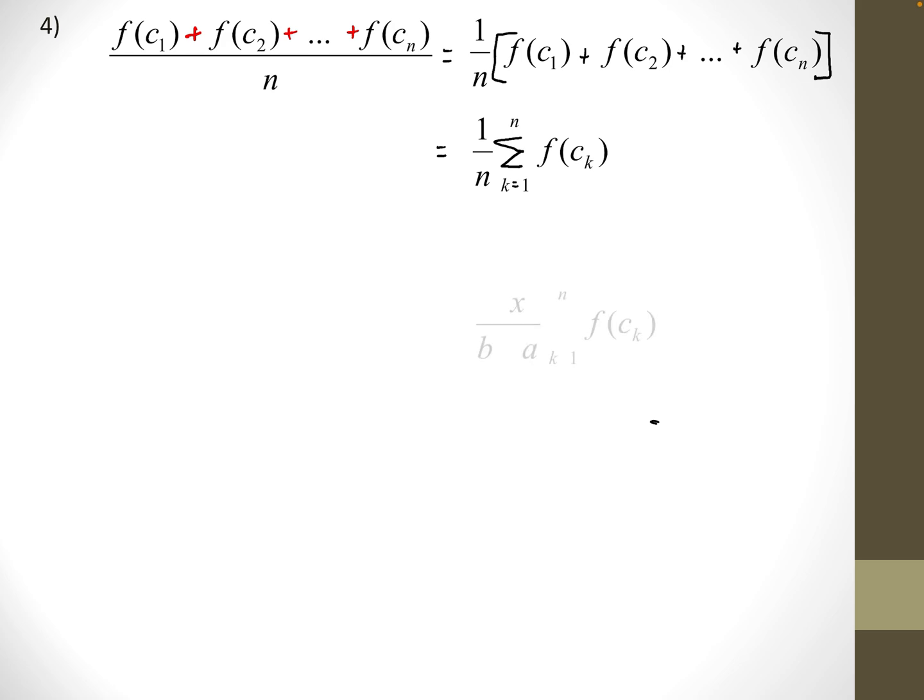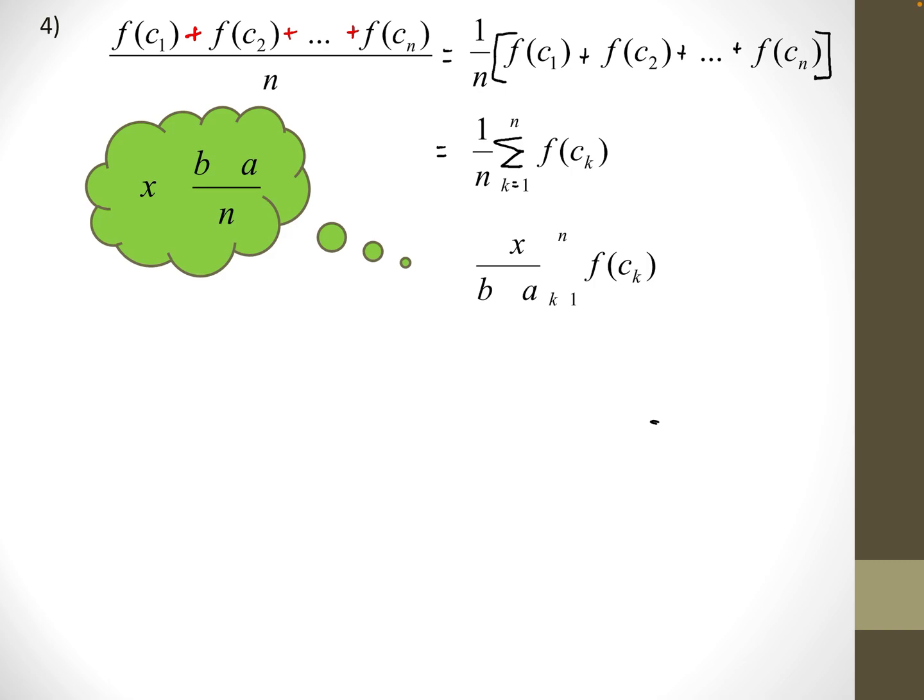And really, we can go one more step and say, okay, so if we know that delta x is b minus a over n, we can sub in for 1 over n, and it becomes delta x over b minus a. We're just rearranging: move this b minus a over here, and we get b minus a. So then delta x over b minus a is the 1 over n.